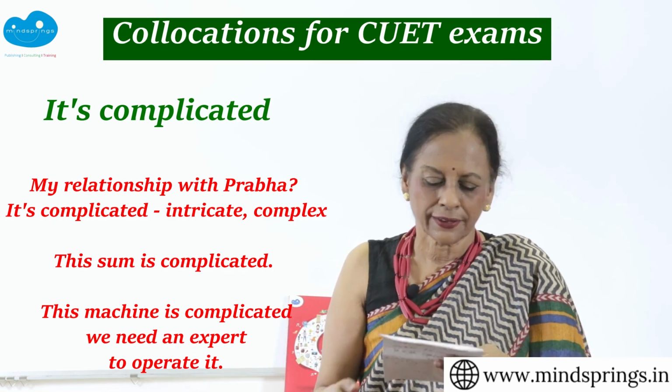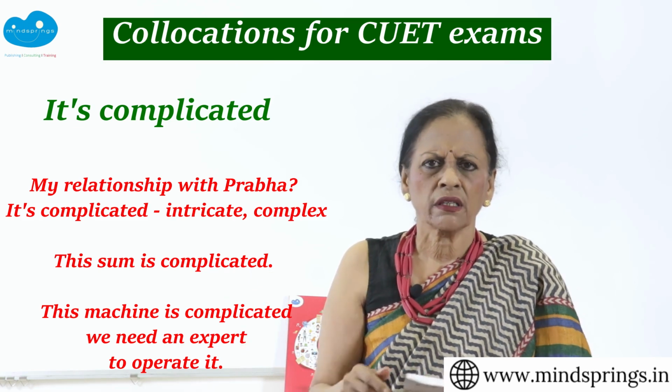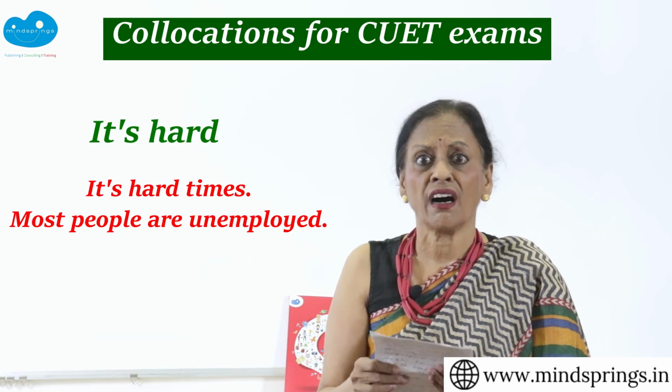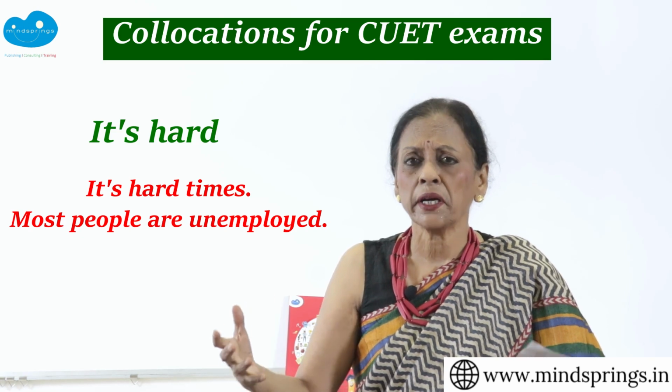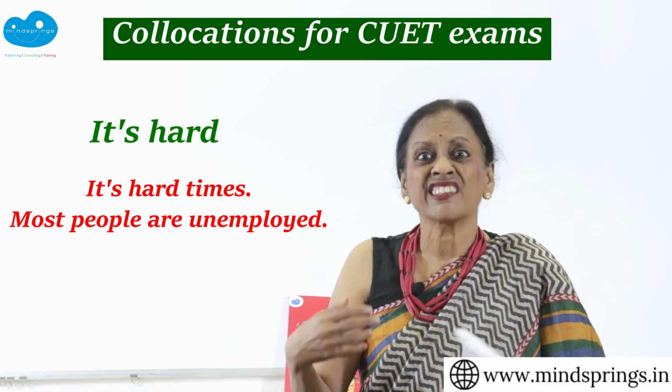Complicated can also be a sum, or a machine that is hard to operate. And if you say it's hard, it can again be a hard sum or it can be hard times. It's hard means the going is tough.